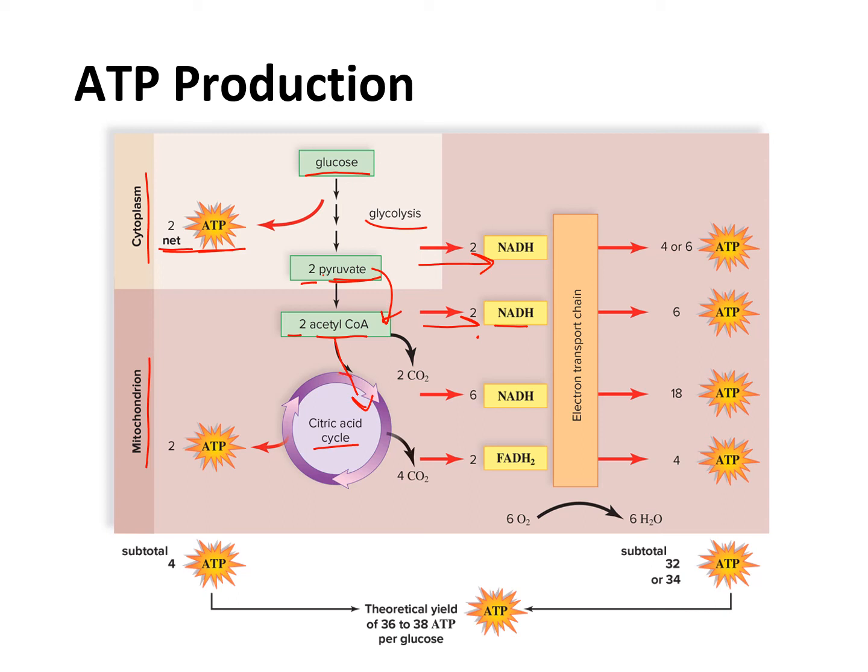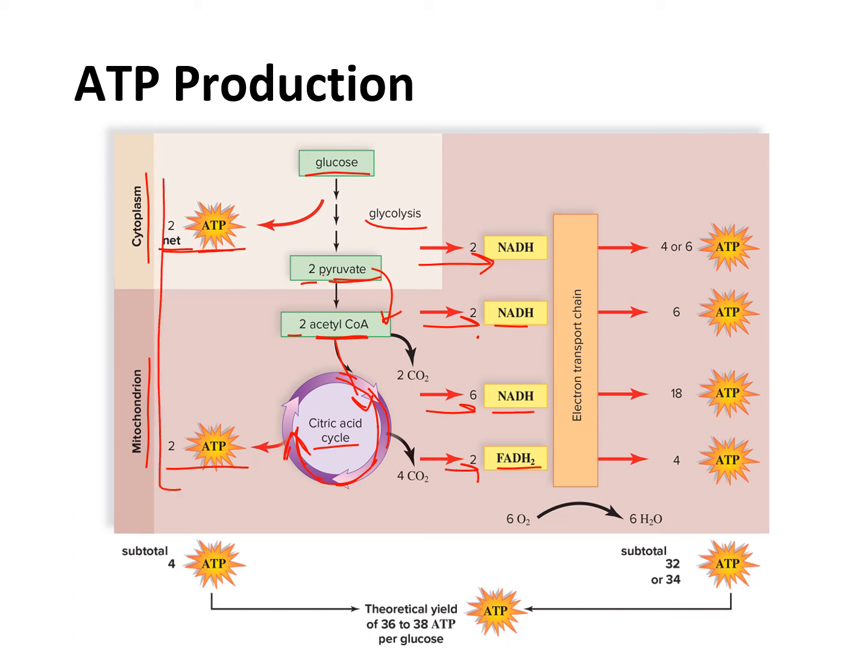And those organic molecules are going to go through the cycle and be completely oxidized. So all the energy is going to be removed. And there will be 2 turns of the citric acid cycle, 1 for each of the acetyl-CoA molecules. So in total, there will be 6 molecules of NADH produced and 2 molecules of FADH2. And in addition, you will have 2 molecules of ATP produced.